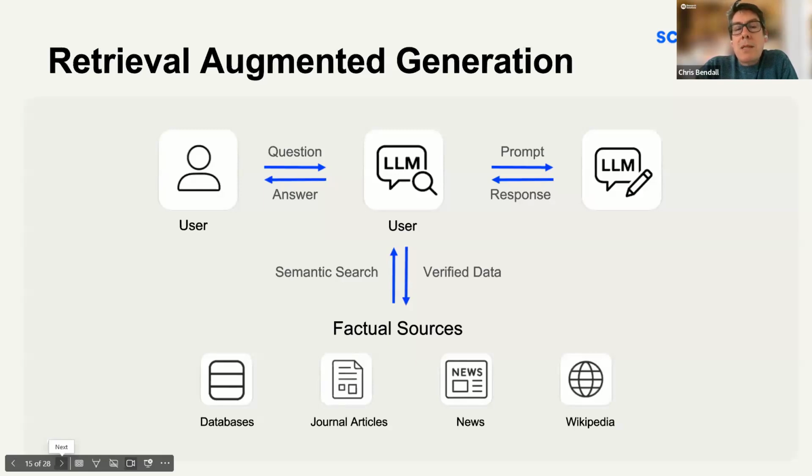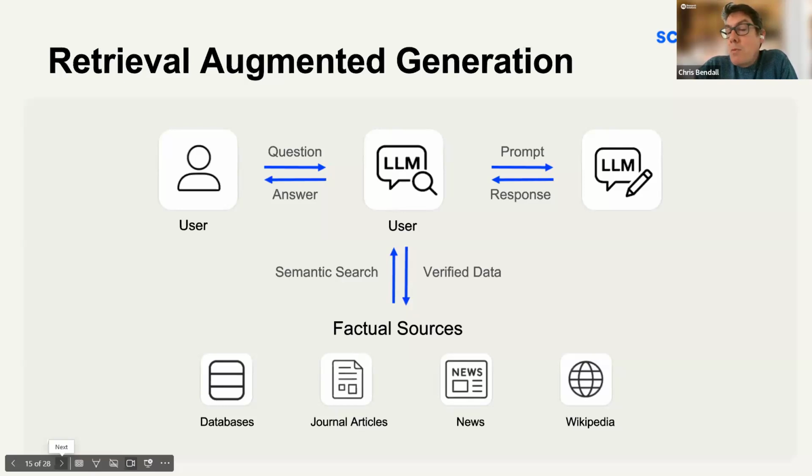So here we see a basic schematic. A user has asked a question to a large language model. It is then drawing on factual sources, trying to find actual real data that it can provide in the response to help provide clarity, transparency and trust in the results that it is showing.